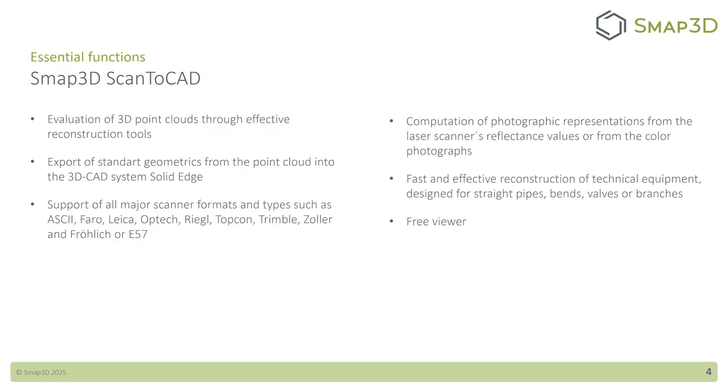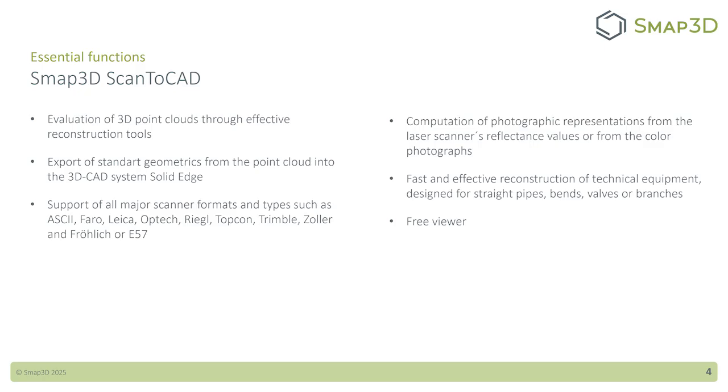The essential functions of Smap3D ScanToCAD are the analysis of 3D point clouds through effective reconstruction tools, the export of primitives from the point cloud into 3D CAD, the support of all common scanner formats and types like ASCII, Faro, Leica, Optech, Riegl, Topcon, Trimble, Zoller+Fröhlich, and E57.